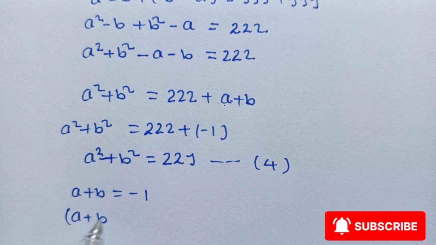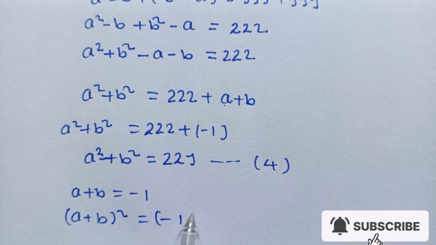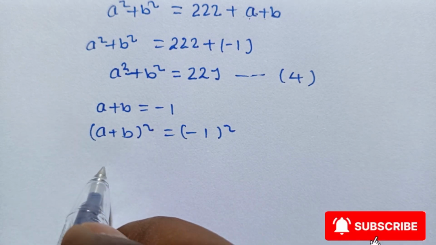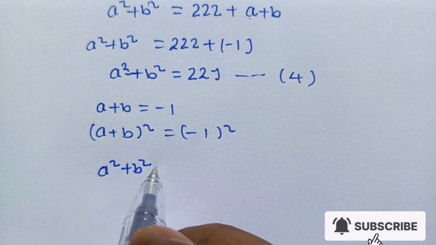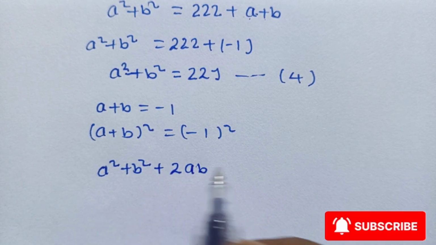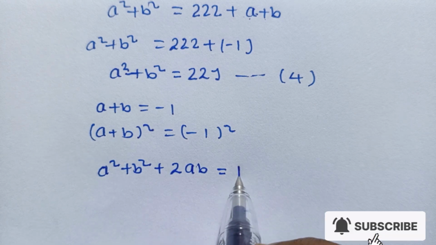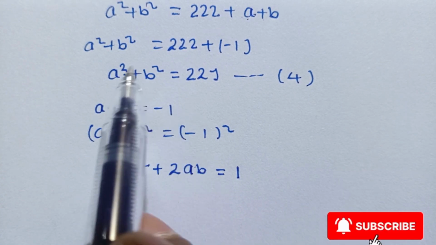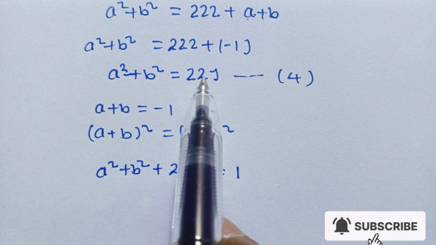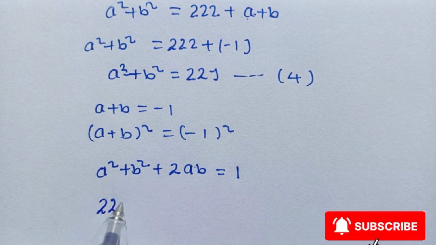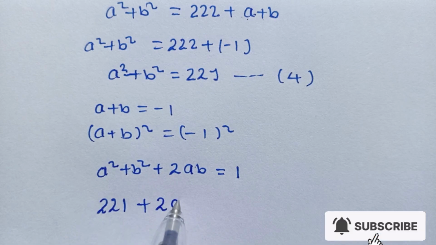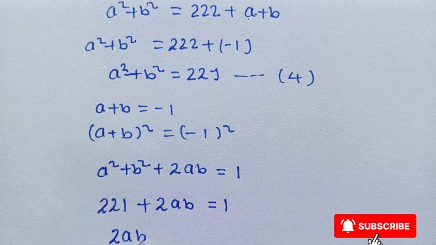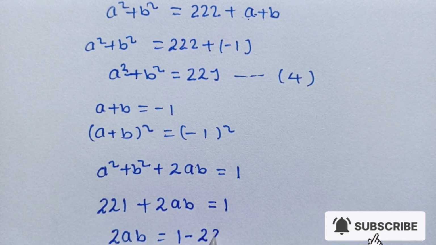The whole square of a plus b equal to minus 1 the whole square. a plus b the whole square means a square plus b square plus 2ab equal to 1. a square plus b square from equation 4 equal to 221, plus 2ab equal to 1. 2ab equal to 1 minus 221.